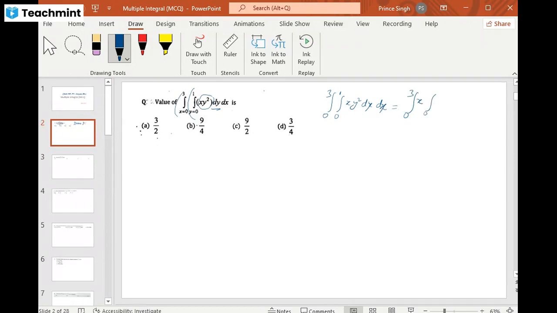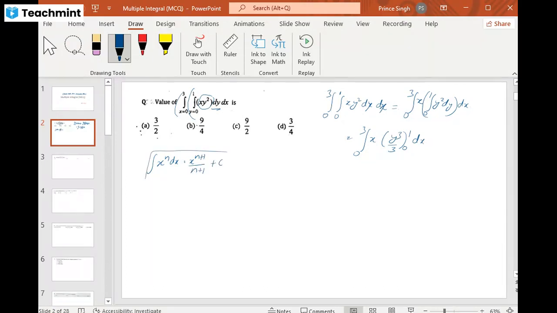So we are going to evaluate the integral of y square with respect to y, and then we can integrate it with respect to x. The integral of y square is y cubed by 3 with the limit 0 to 1 dx, using the power rule that the integral of x raised to the power n dx is x raised to the power n plus 1 upon n plus 1 plus c.